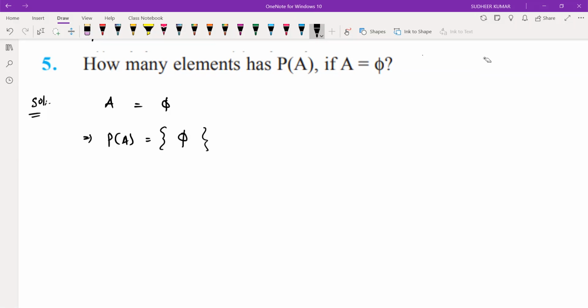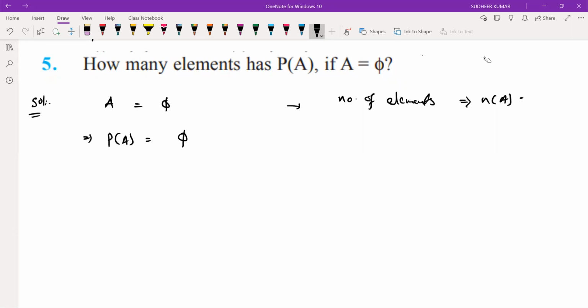How many elements are there in phi? We should not take this one; this is just for the power set. For the number of subsets, only consider that.